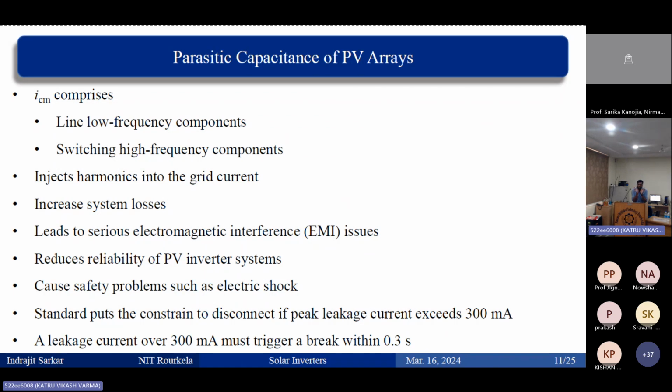At that time we found it has third harmonic, fifth harmonic, and seventh harmonic components. The reason for this is these computers that we use at home, office, everywhere. That computer has a diode bridge rectifier at its input. When it is a diode bridge rectifier, it takes peaky current. It is not sinusoidal current.